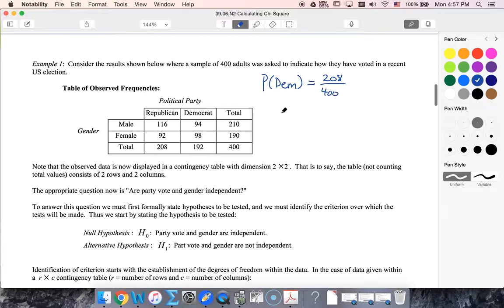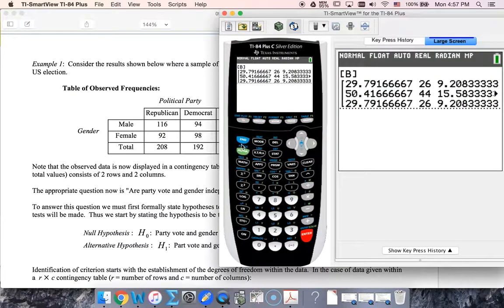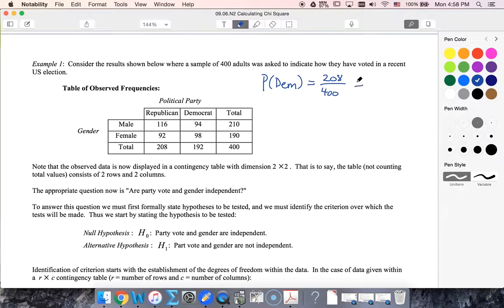So that means the number of men we expected to vote Republican should have been this percentage of the 210 males. So 208 out of 400, I could say that's the same as 52%.